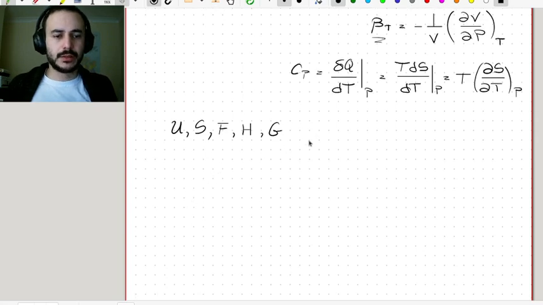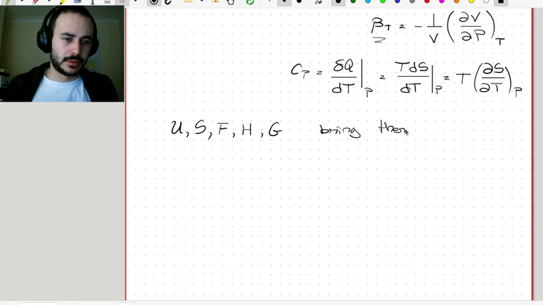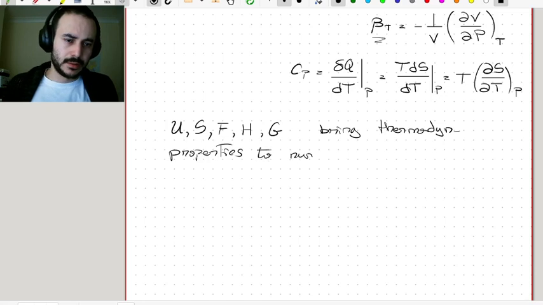Bring the thermodynamic properties to the numerator. We do this using the properties of the partial derivatives.